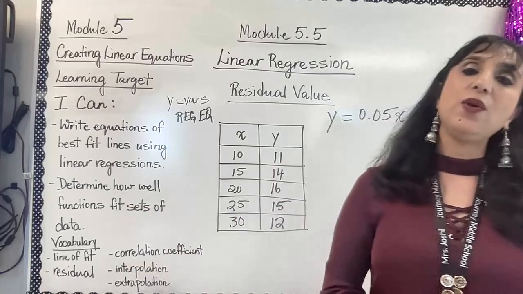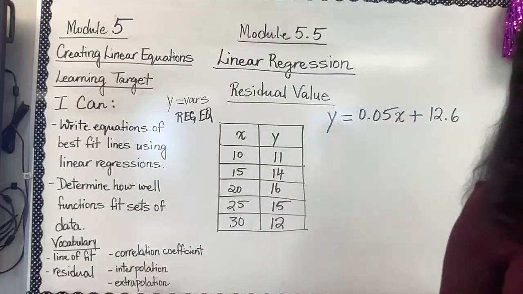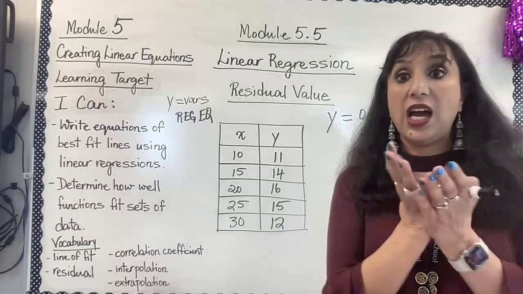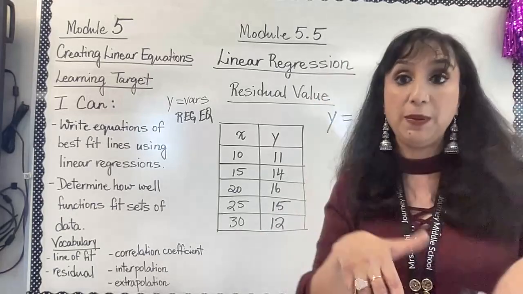But let's now quickly talk about our residual value. And what does a residual value mean? So when finding a best fit line, not all data is going to lie on the line exactly. Some will be above, some will be below, right?